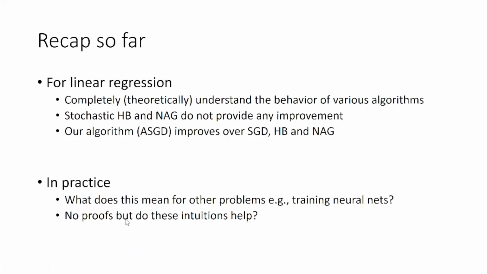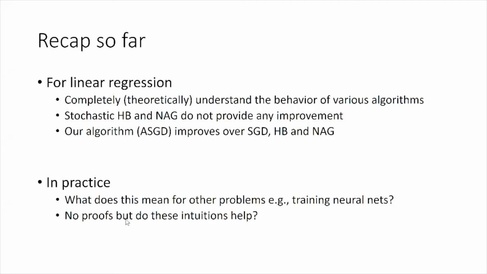Okay. So to summarize so far, we have seen that for linear regression, we have completely theoretically understood the behavior of various algorithms, including SGD, stochastic versions of heavy ball, and Nesterov accelerated gradient, and then we also designed a new algorithm which improves over all of these algorithms.